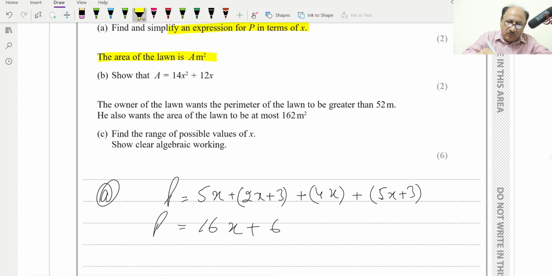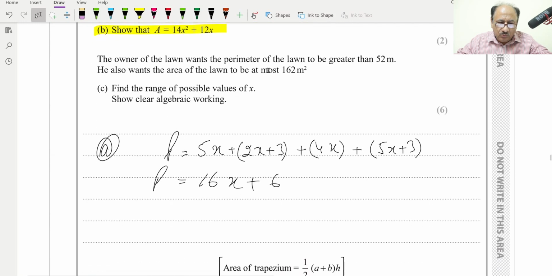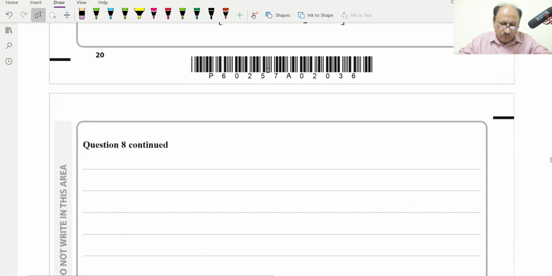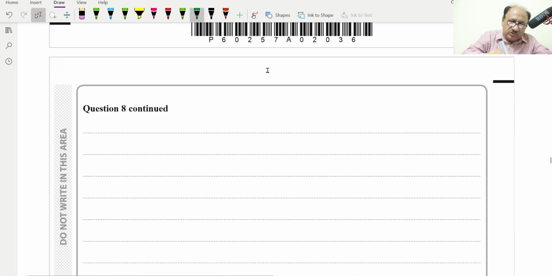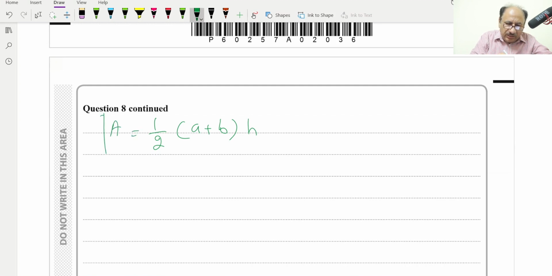Now we can go through the B part. The area of the lawn is this much. Show that the area is equal to 14x squared plus 12x. We know the trapezium formula: area of a trapezium is equal to 1 by 2 into a plus b into h, where a and b are the parallel sides.